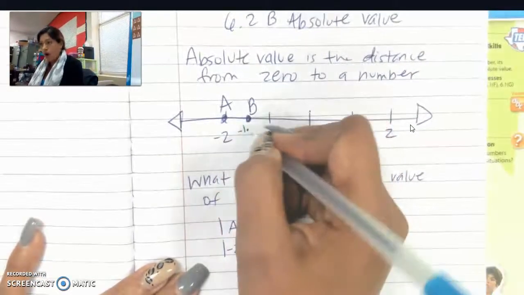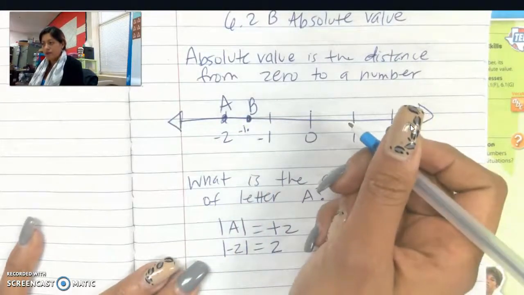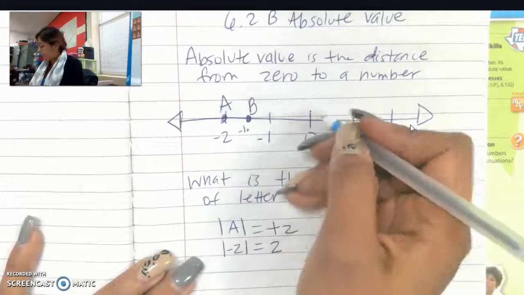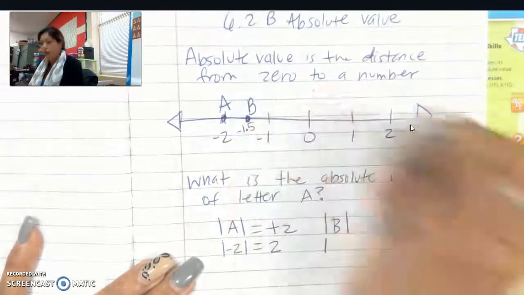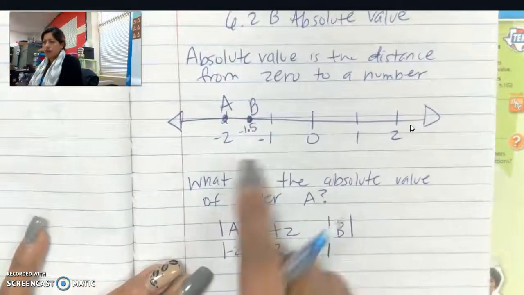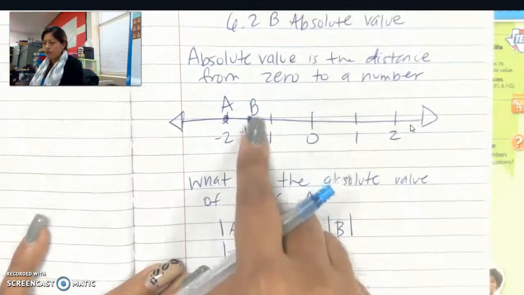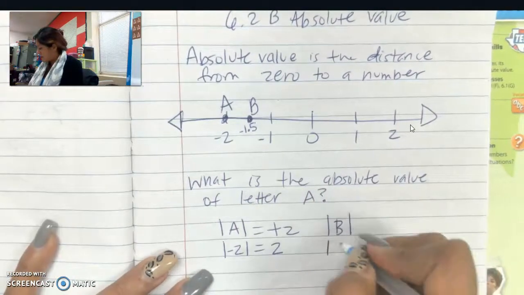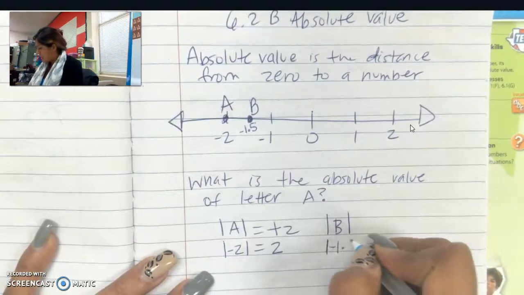So it's got to be 1 point something. Well, what's half of a dollar? 50 cents, right? So half would be 0.5. They just love to do that. So really, really think about those decimals in the middle. All right. So this is negative 1.5.